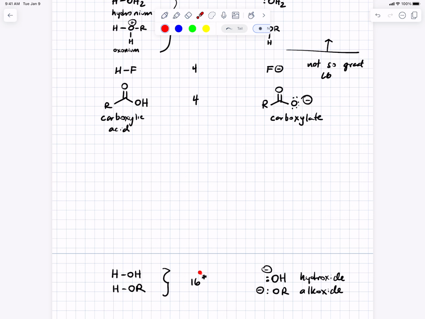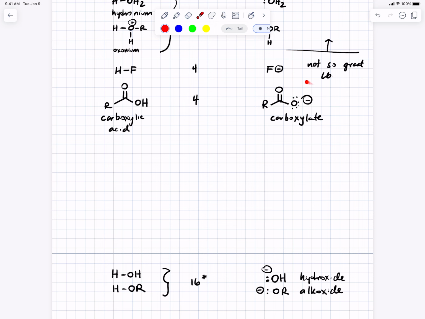This is a huge difference, right? It's a factor of 1 trillion when it comes to acidity. The carboxylic acid is 1 trillion times more acidic than an alcohol. So how do we rationalize that? And in general, in this class, we're going to rationalize acidity by considering the relative stabilities of the conjugate bases.